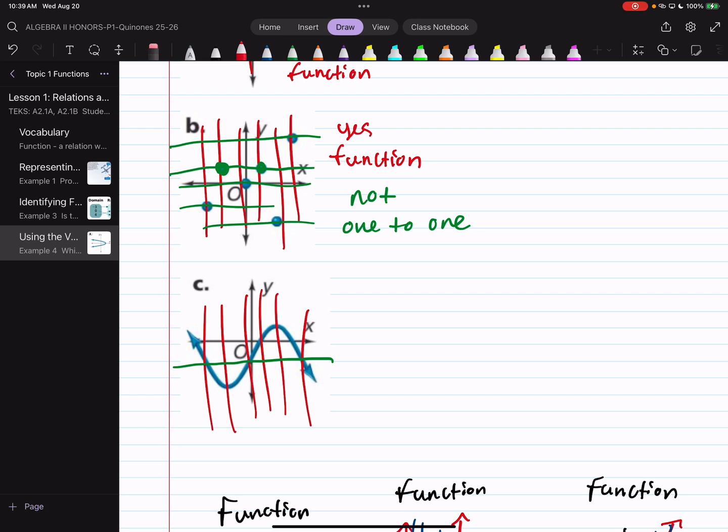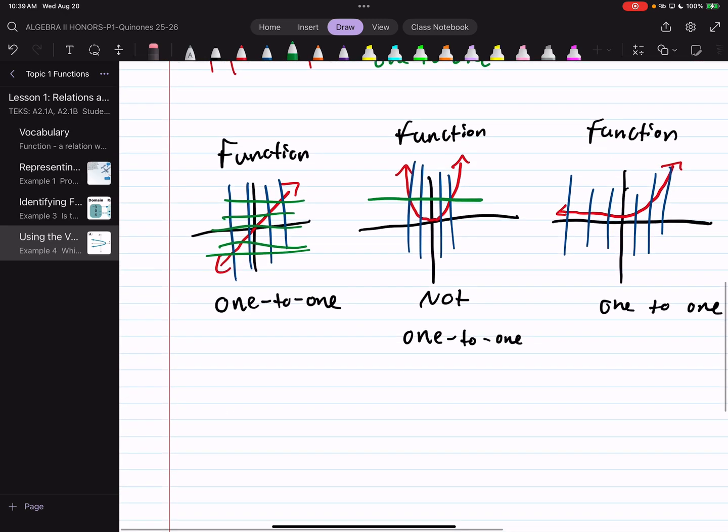So yes, this is a function, but it is not one-to-one. And I gave you 2 examples of graphs that are functions and are also one-to-one, which 2 of them we've already talked about in Algebra 1.